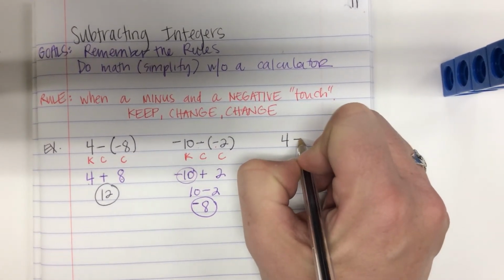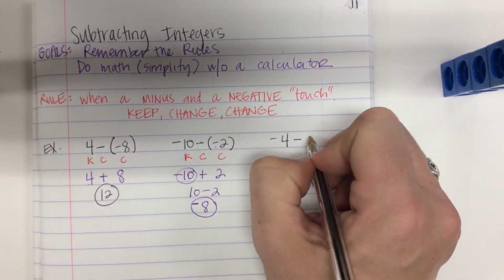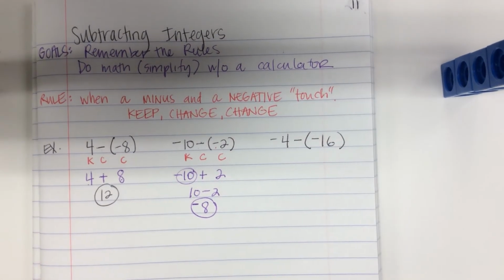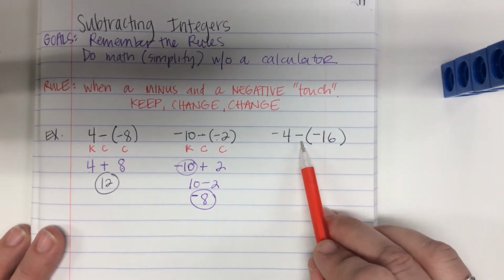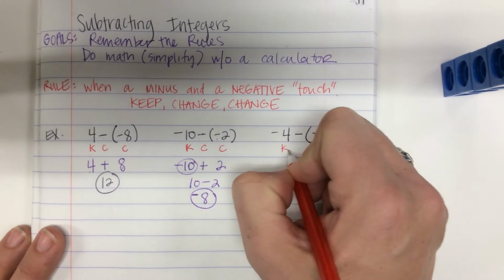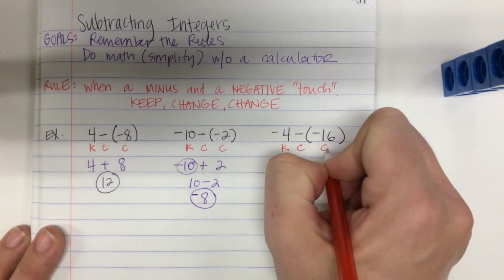Let's do negative 4 minus negative 16. Again, it's a subtraction problem. So I use my rule of keep, change, change.